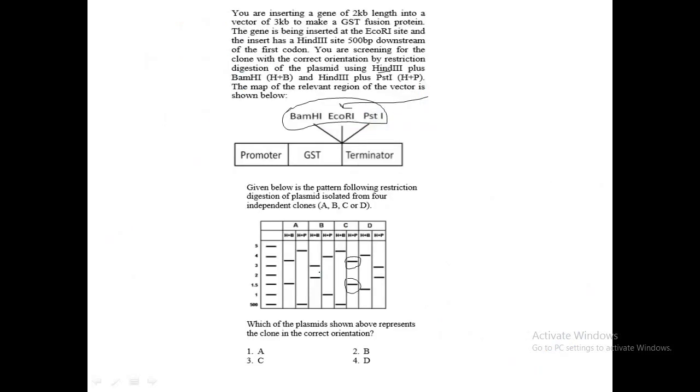You can see again in the first option it is 3.5 and 1.5, so exclude this one. Again in the second, 3 and 2, no. In the third, we are getting 4.5 and 0.5. So this one is our right answer. Option 3 is the right answer.